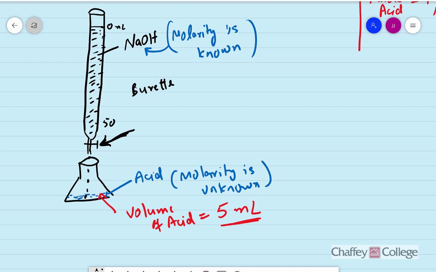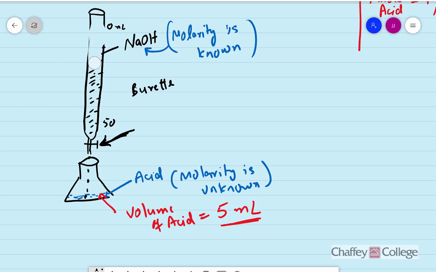In the beginning, only a small quantity of acid will be neutralized, but as we keep adding more and more base, of course dropwise, it will continue to neutralize, and eventually at a certain point we will add enough base so that the acid is completely neutralized. At that point we need to stop this experiment.